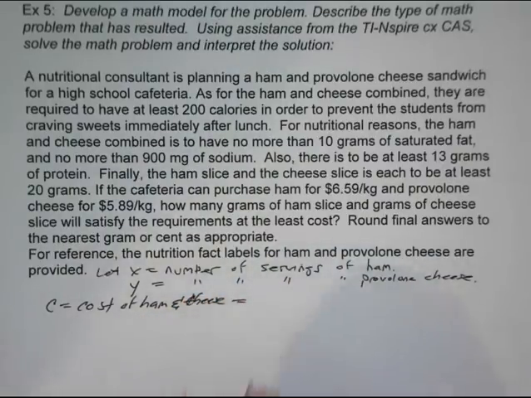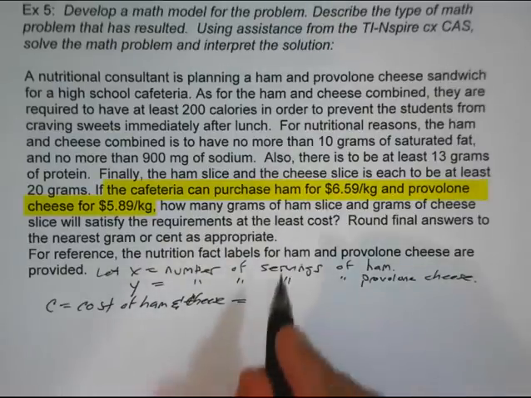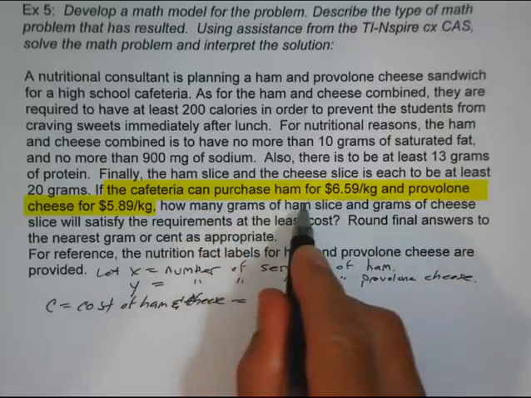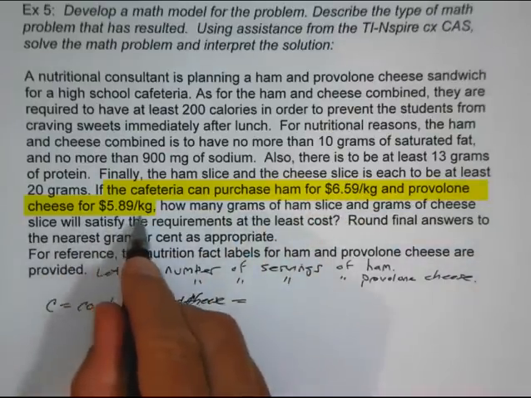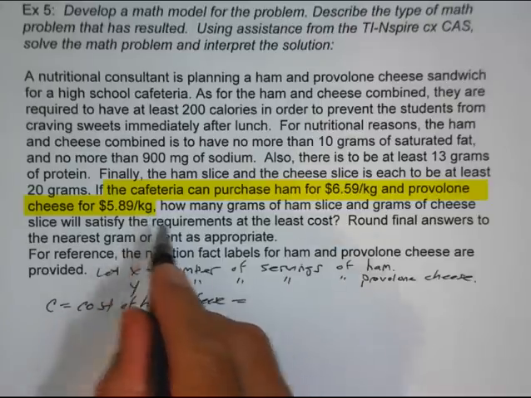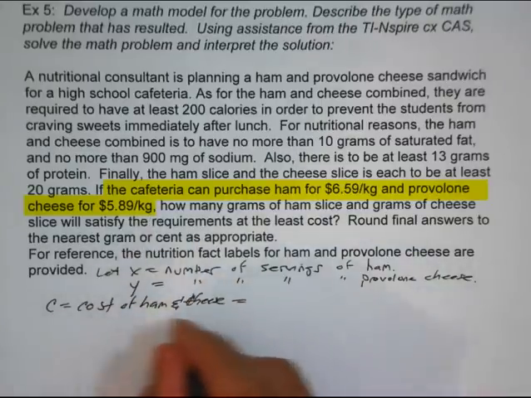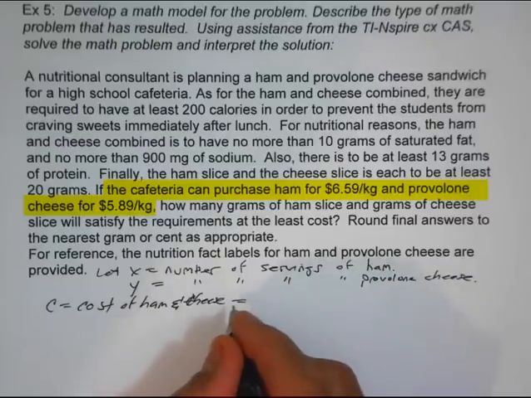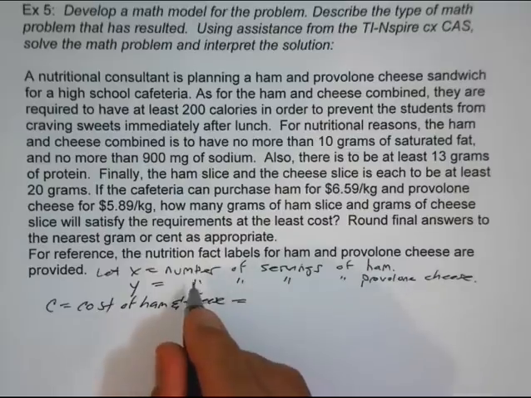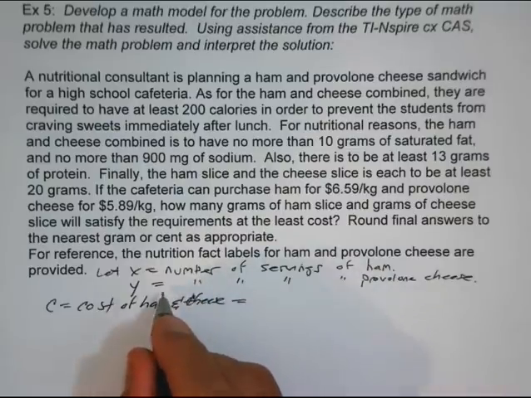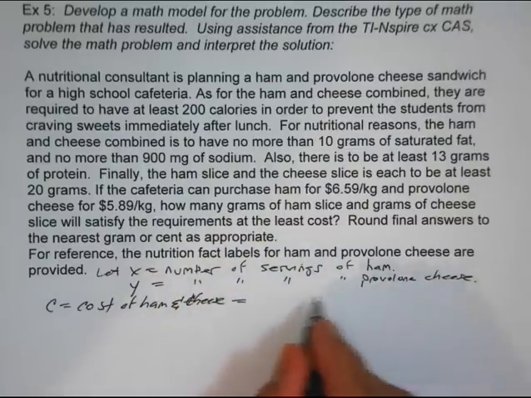And what about that cost? The one type of information we have here for cost is that the cafeteria can purchase ham for $6.59 a kilogram and cheese for $5.89 a kilogram. How are we going to get this in terms of our variables x and y? Again, x servings of ham, y servings of provolone cheese.